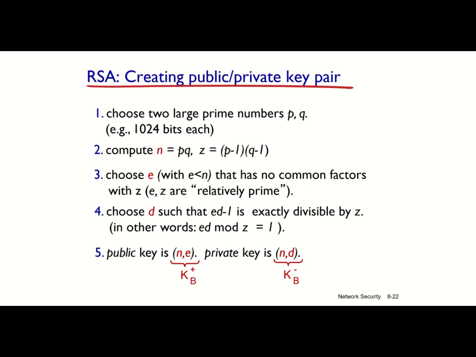Let's assume that z is equal to (p minus 1) times (q minus 1). Neither n nor z are prime numbers, but obviously p and q are prime. And n is a huge number because p and q each have 1024 bits, so n must have twice the number of bits, which means 2048.